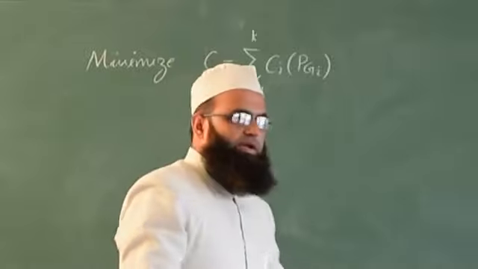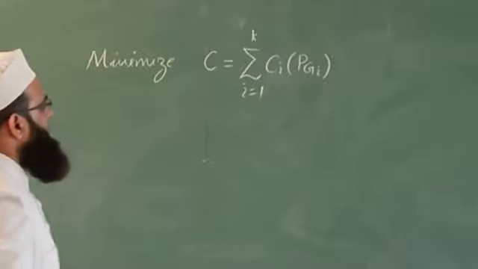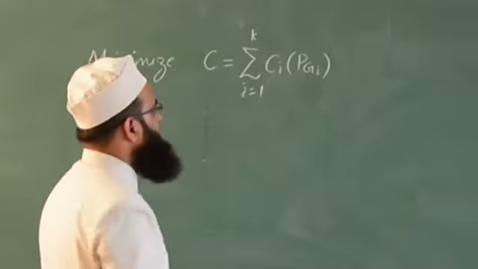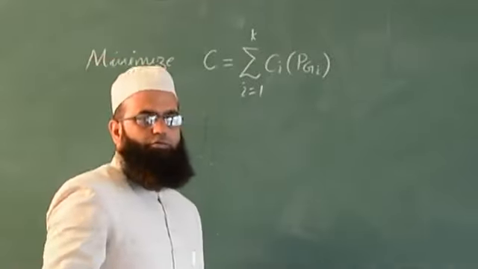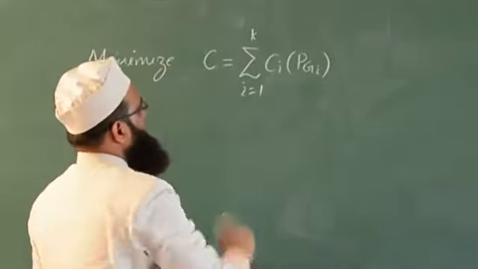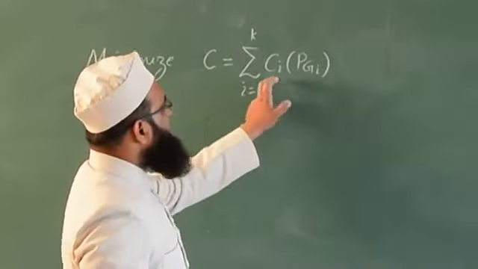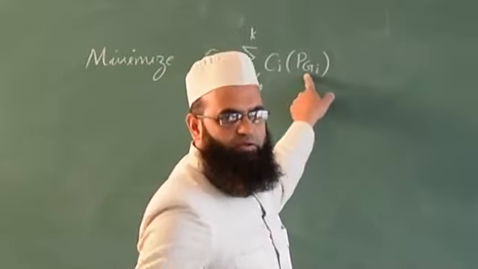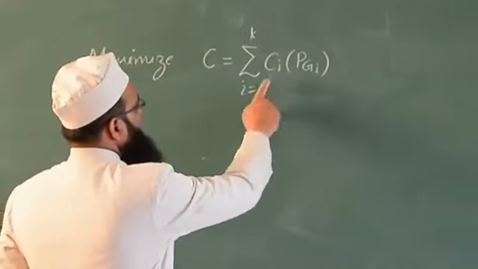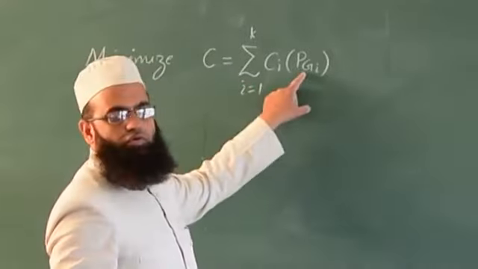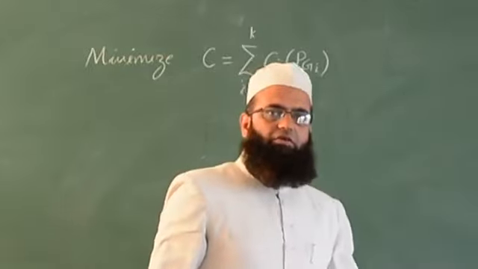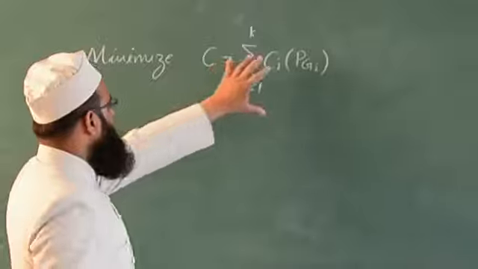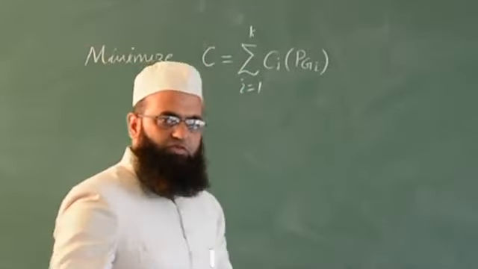Suppose this time we are having k plants, and Ci is the cost of the ith plant while generating PGi. For plant number 1, i equal to 1, the cost will be C1, a function of PG1, the generation at the first plant. For i equal to 2, we get C2, a function of PG2, the generation from the second plant, and so on up to the kth plant. We may write the total cost as this, and our objective is to minimize this cost.